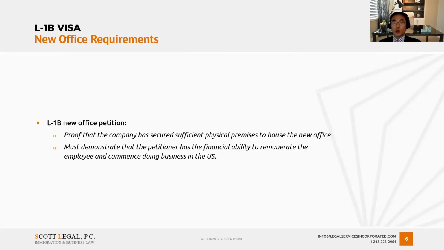It also needs to show that the company has the financial ability to pay the employee and commence doing business in the United States. For this category, USCIS focuses a little more on whether the company can realistically support the specialized employee for the next 1 year.